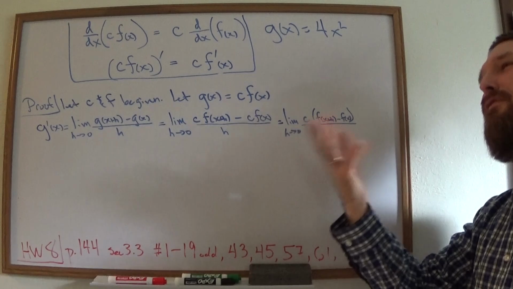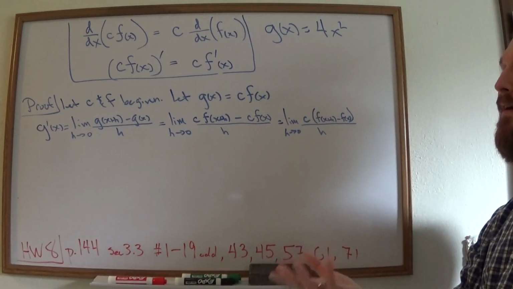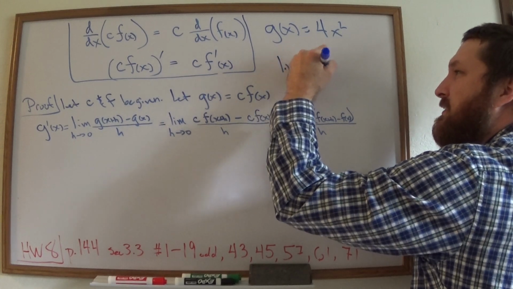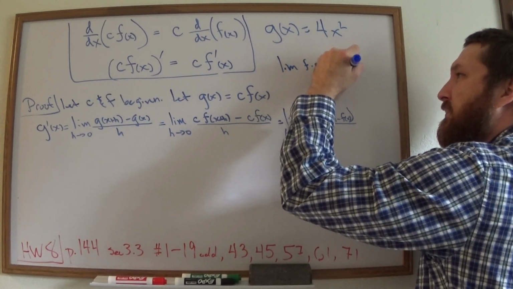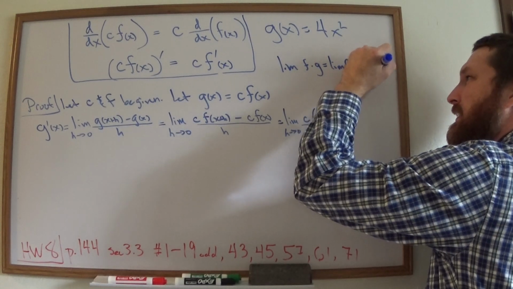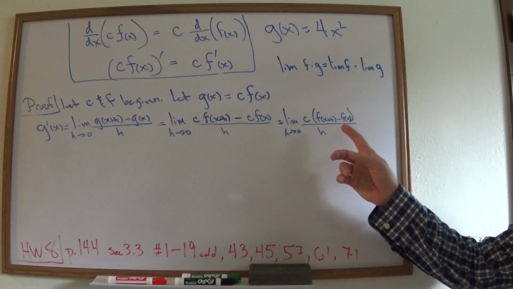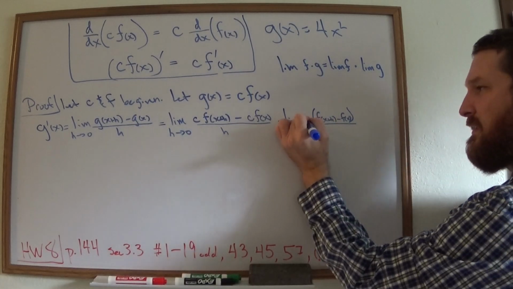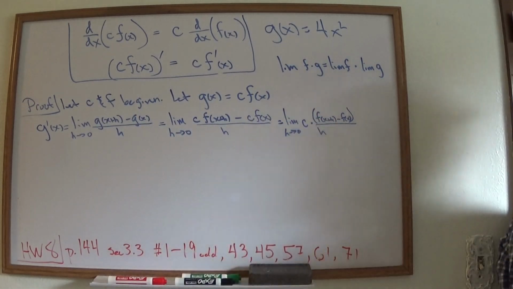And this is what I mean. It follows from the limit laws that the limit of two things multiplied is the same thing as the limit of the first thing times the limit of the second thing. So I could split this up and say that's the same thing as c times all of that stuff.